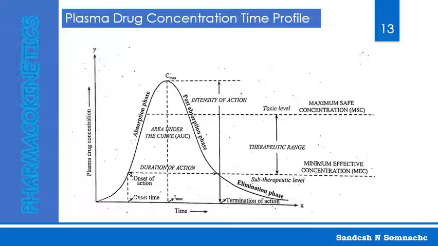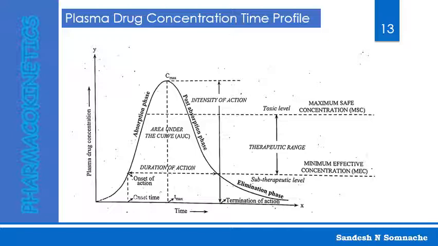Initially, it shows the phase of absorption, then the peak point is achieved, and then there is a decrease in the plasma drug concentration, that is the post absorption phase, and at last the elimination phase.